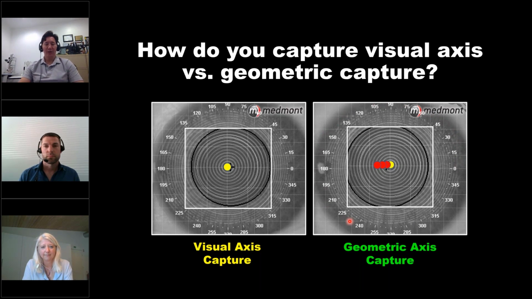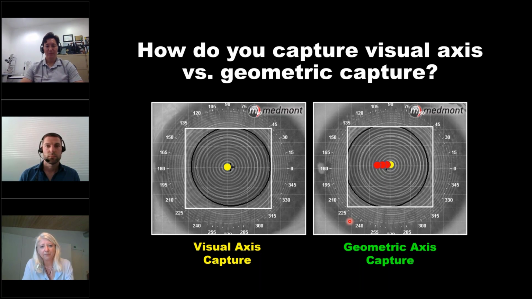Meta, your thoughts on using this? How often do you use a visual axis and geometric capture, and for what applications do you use these two? I would always begin with doing the visual axis capture, and normally I will use the geometric axis capture in those cases where I find there seems to be a huge decentration of the placido rings.